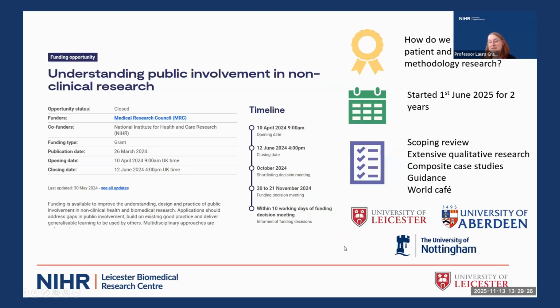We're also really pleased that we've been awarded an MLC grant around developing guidance on how to do impactful PPI for statistical methodology research. This grant started in June and will run for 2 years. We're currently undertaking a scoping review to bring together the evidence base as it stands to date. But we're also doing extensive qualitative research, which is really new to me and I'm finding very exciting.